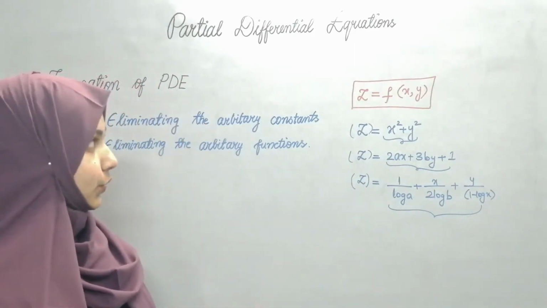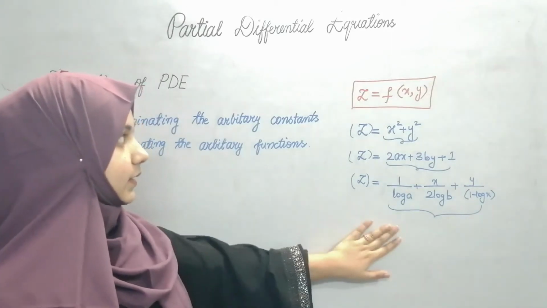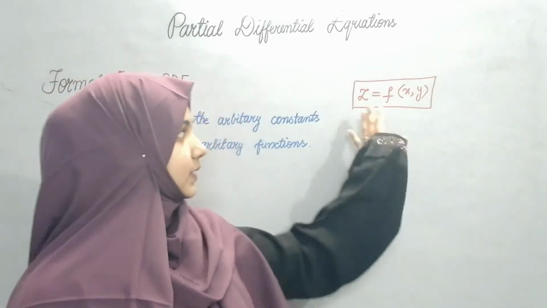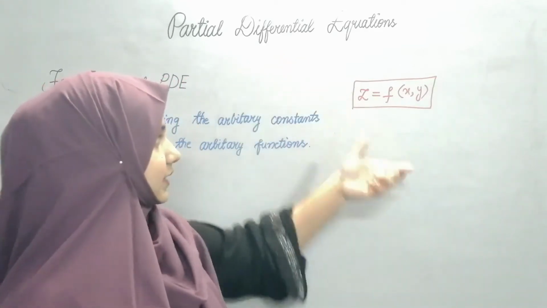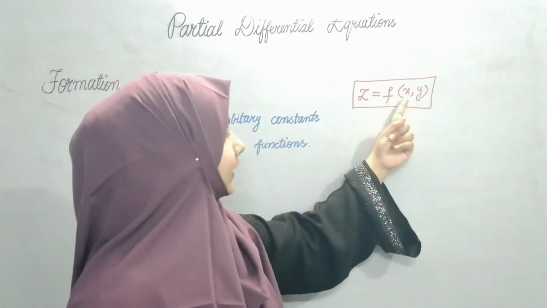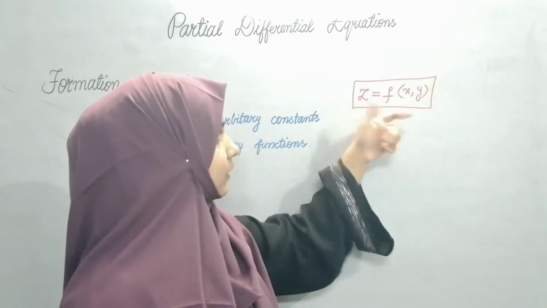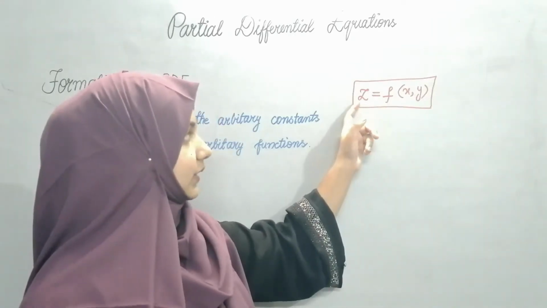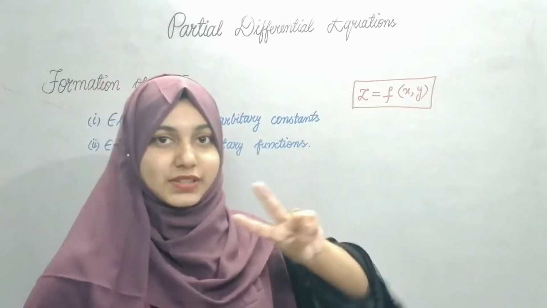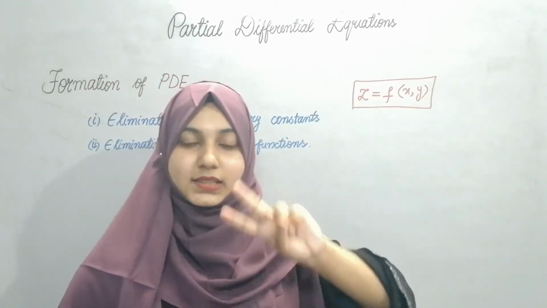So z is a function of x and y, we said. Now we are doing partial differentiation, so I need to differentiate this z with respect to x once, then with respect to y, because I've got two variables here, one is x and one is y.